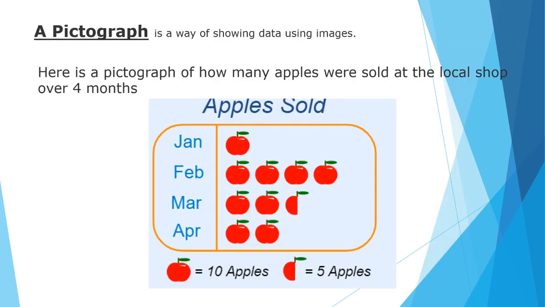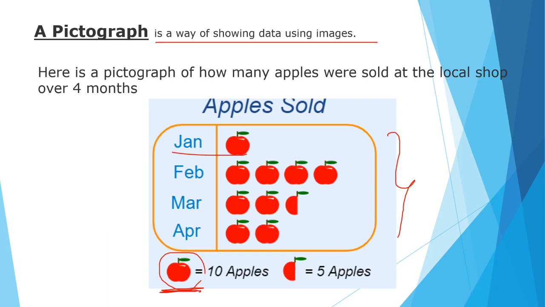Ano naman ang pictograph? Pictograph is a way of showing data using images. For example, ito. Okay? So, sa January, isang apple. By the way, ang isang apple ay nagre-represent ng 10 apples.